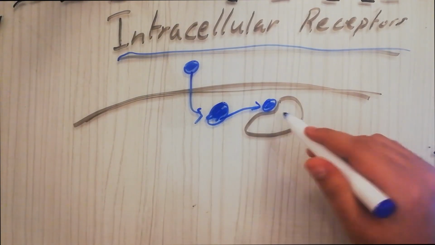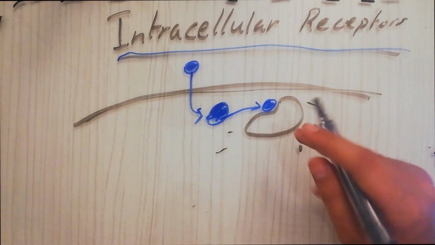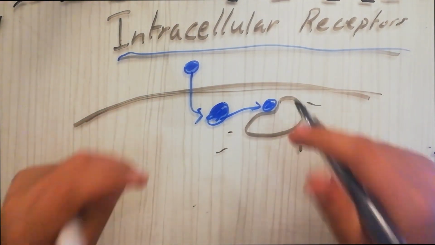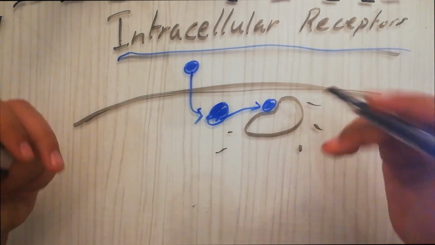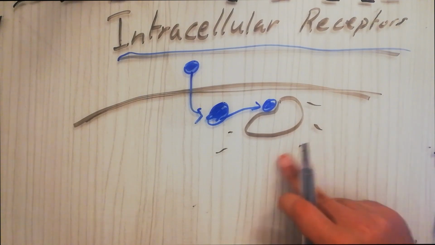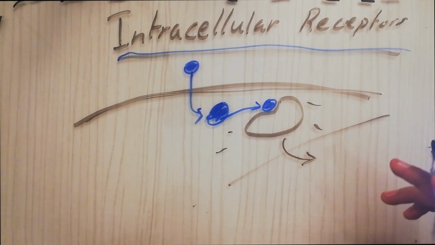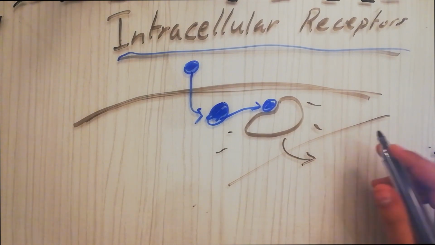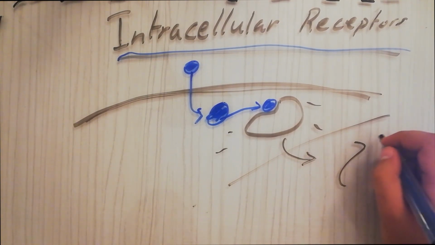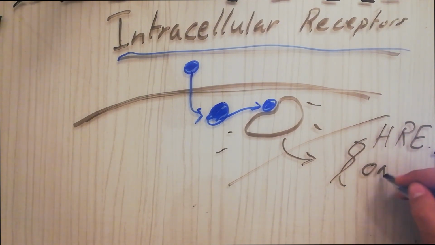When a ligand binds, it activates the receptor, causing a conformational change to the protein of the receptor. When activated, this receptor then migrates to the nucleus, where it binds to the hormone response element, or HRE, on DNA.